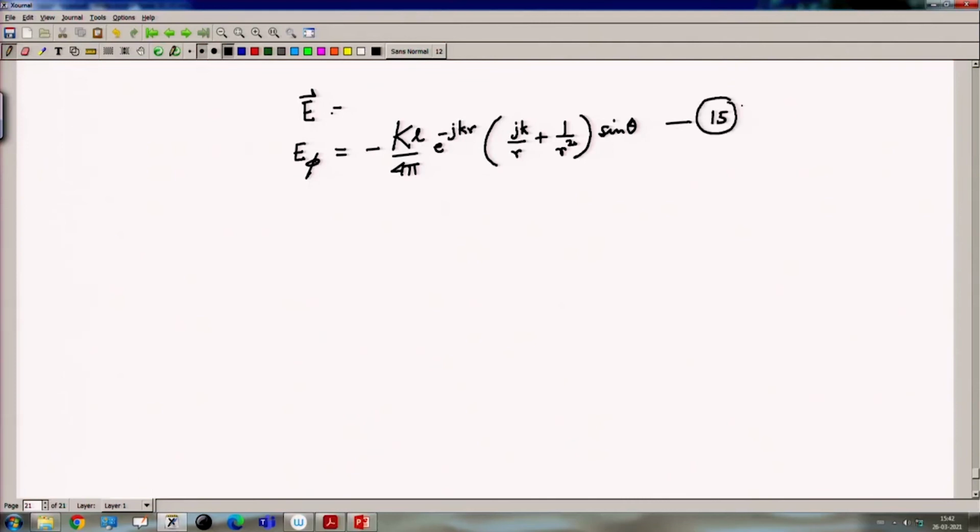as the phi component of the electric field with E r to be 0 and E theta to be 0.